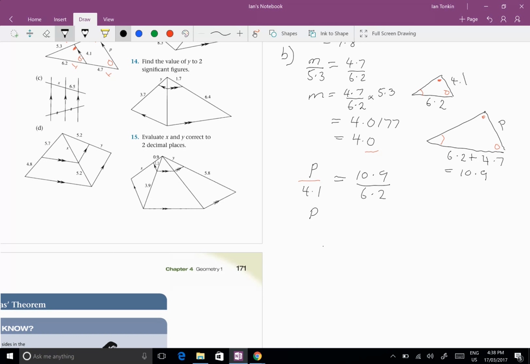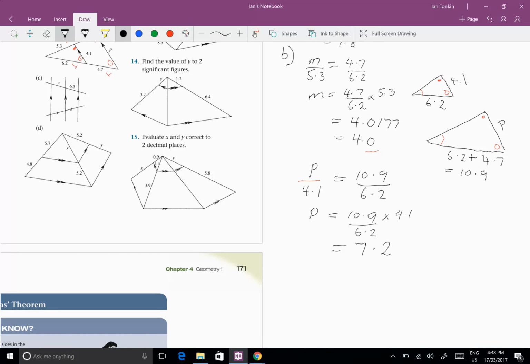So we multiply that 4.1 across, and we get 10.9 times 4.1 over 6.2. Go to our calculator, 10.9 times 4.1 divided by 6.2. And I get, well, not as big as I thought, 7.208, so to one decimal place, 7.2, but it's still bigger.